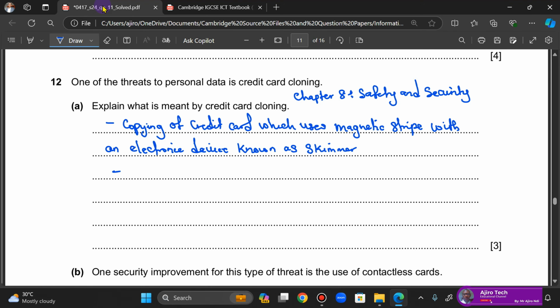So it is a type of credit card theft. It is the unauthorized copying, a type of credit card theft.